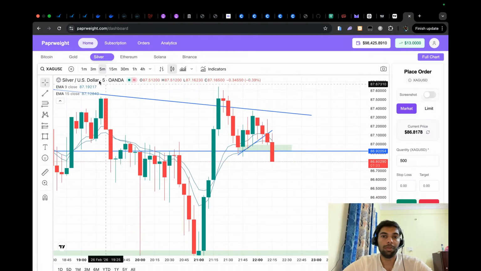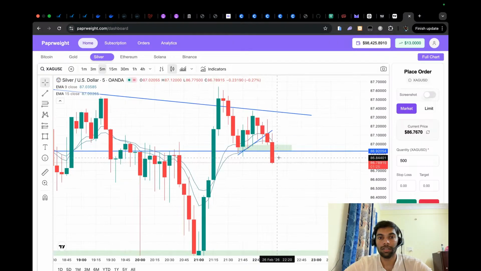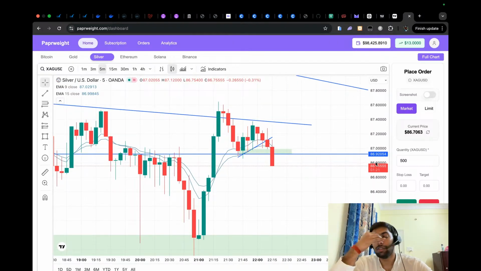Okay, silver breakout. What about gold? Gold is at the buying zone again. So this might be a false breakout in silver as well. We just have to see how this candle will sustain or not sustain.